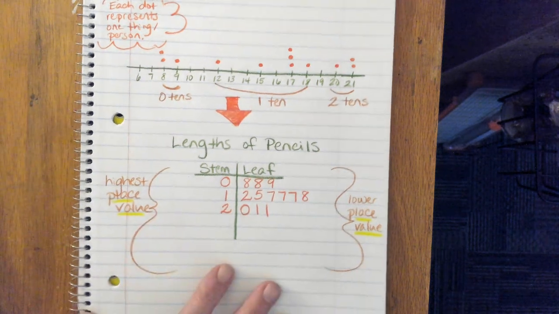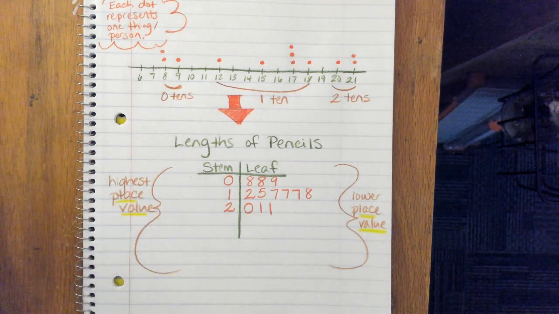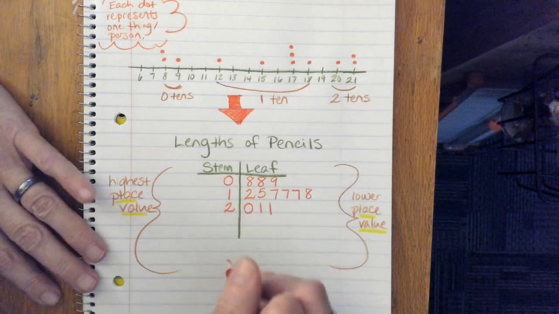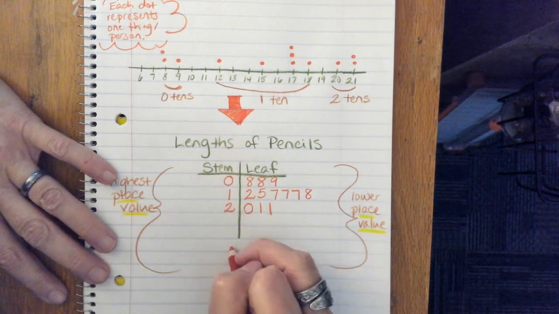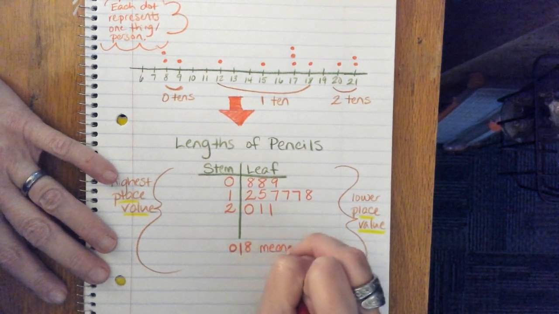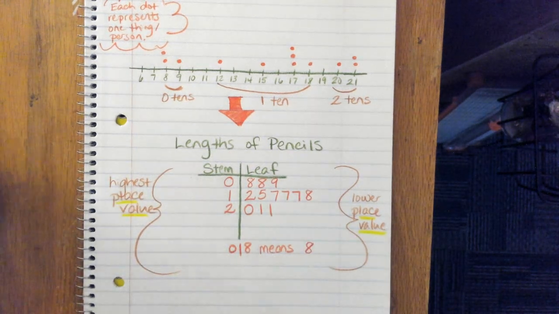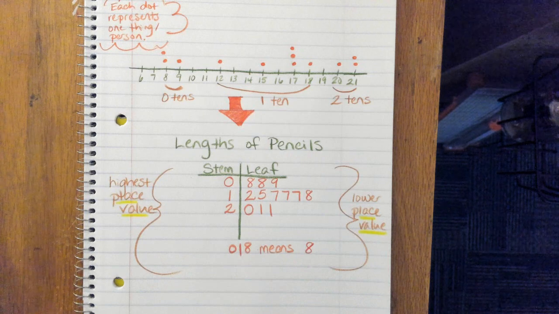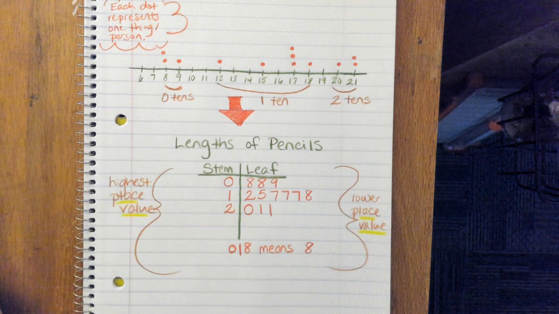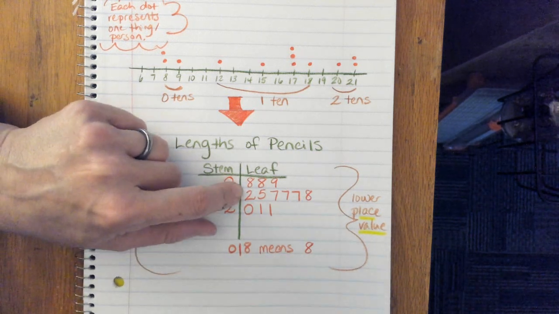And then at the bottom of every stem and leaf, you have to have some way of showing the key, or how to read it. And so I usually take the lowest value. So 0 | 8 means 8. Because if I don't put that, then 0 | 8 could mean 0 and 8 tenths, or it could mean 0 hundreds and 80 tenths.